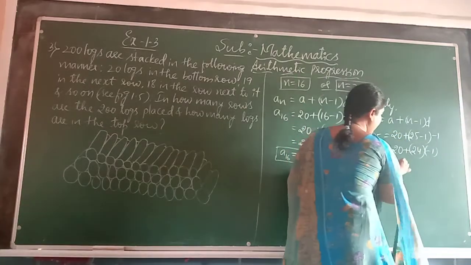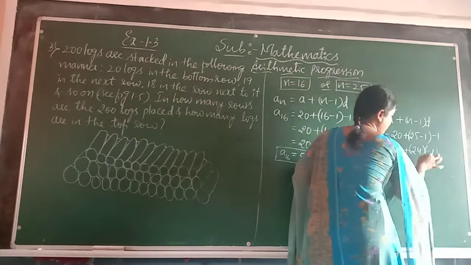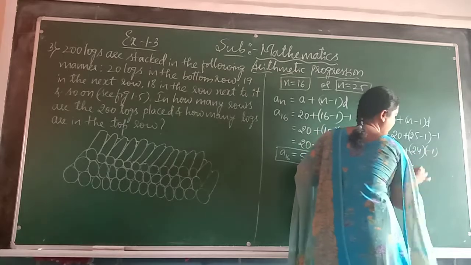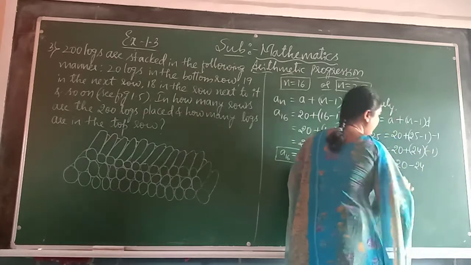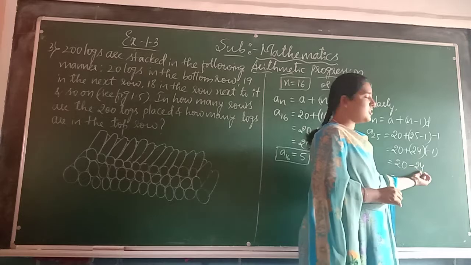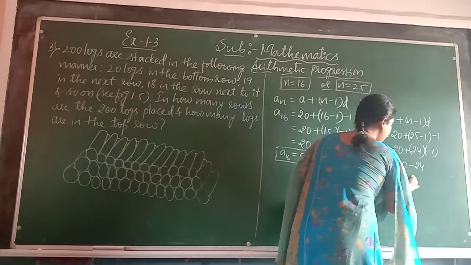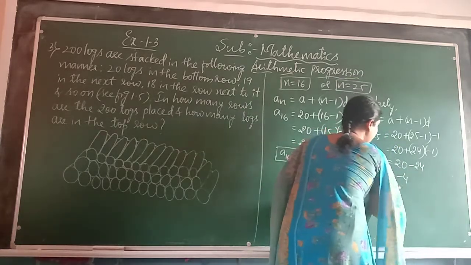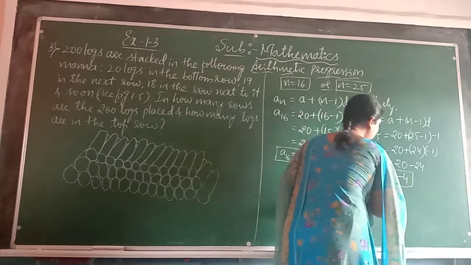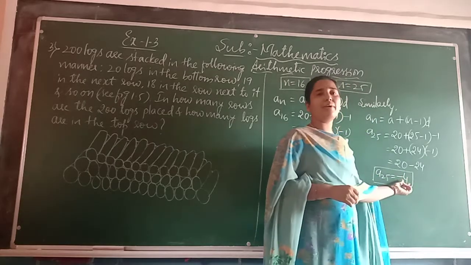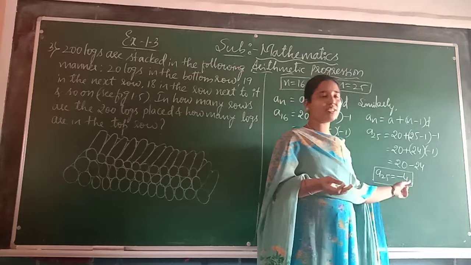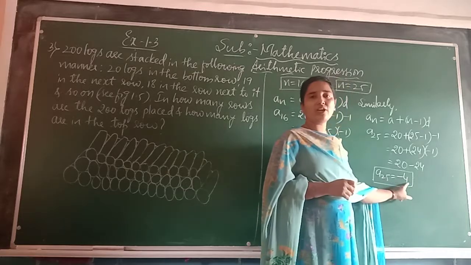Now simplify it. 20 plus into minus, minus 24 ones are 24. Now 20 minus 24 we will get minus 4. That is in 25th row minus 4 we got, but it is not possible because negative we got here.